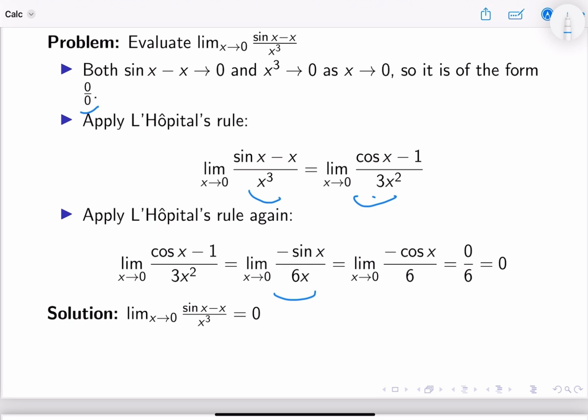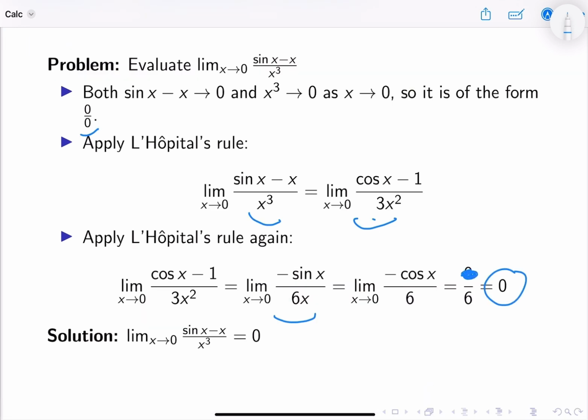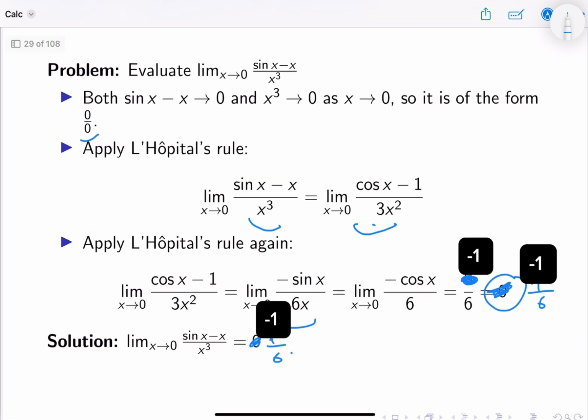This is probably a typo here. Cosine of 0 is 1, so this is 1 over 6. I'm going to leave it for you as an exercise, and here's the solution. So try this and then look at the solution and compare your answers.